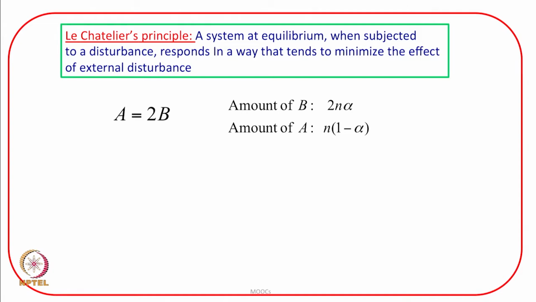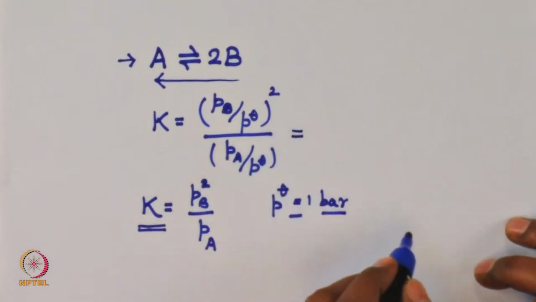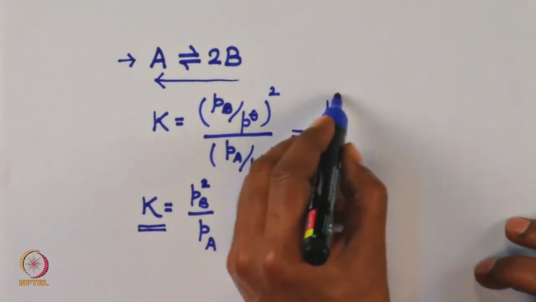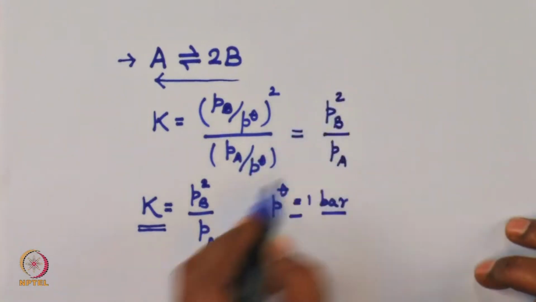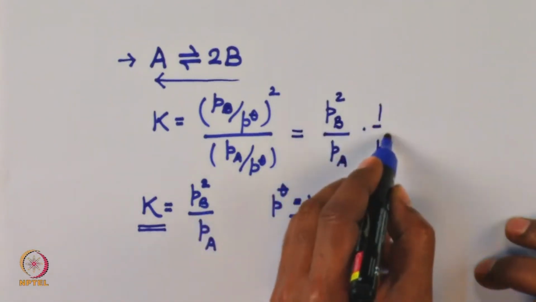I will again take this slide back and extend, not to cancel P naught. So, it will be P_B square by P_A into 1 by P naught.